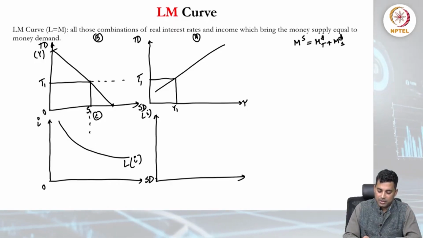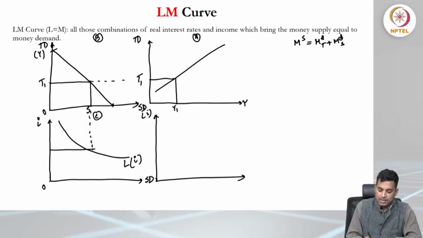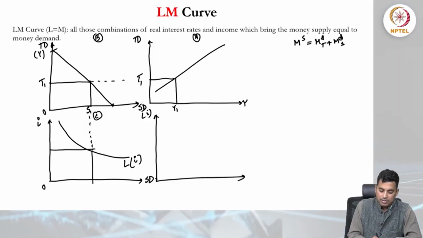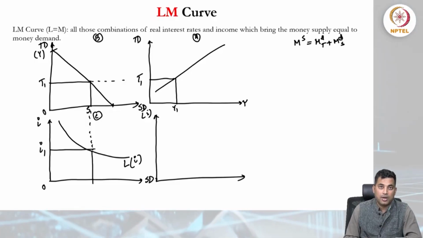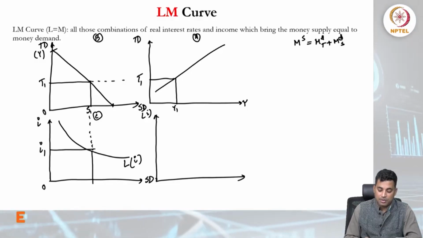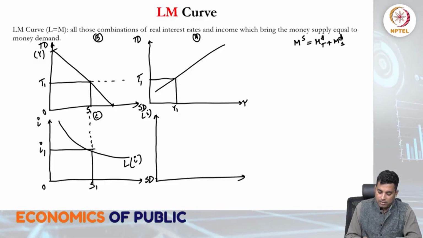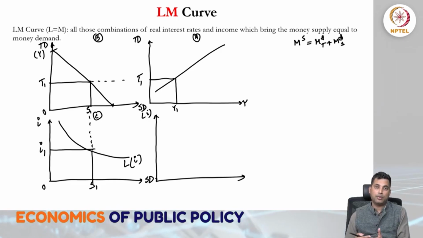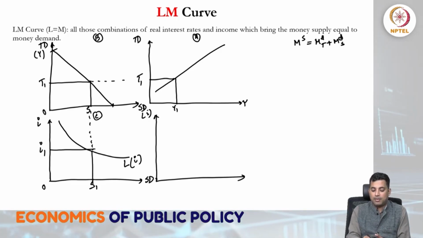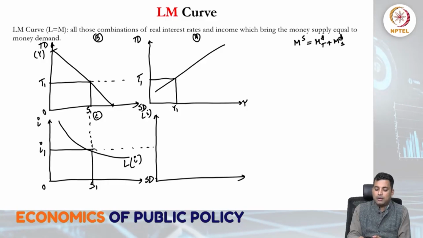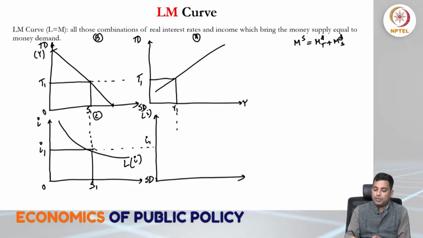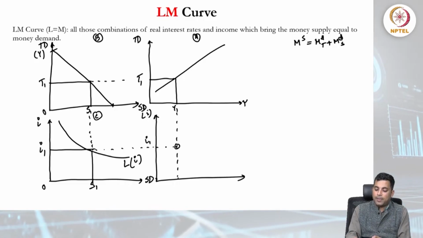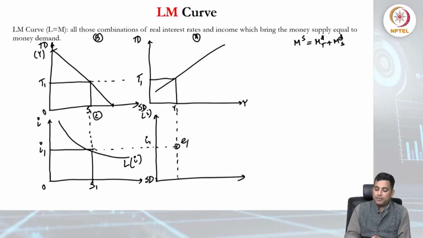Because there is a trade-off between S and T, with OI1 amount of rate of interest, we actually get OS1 amount of speculative demand in the money market. So along with this rate of interest, we get one point. If we plot that, we get small e1 here.